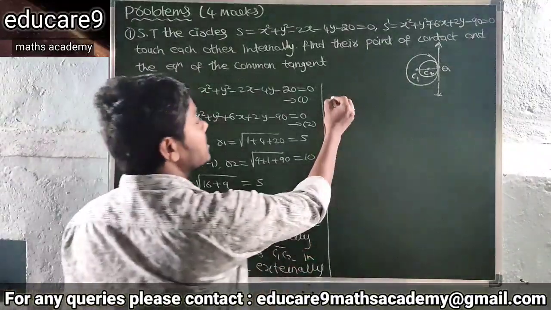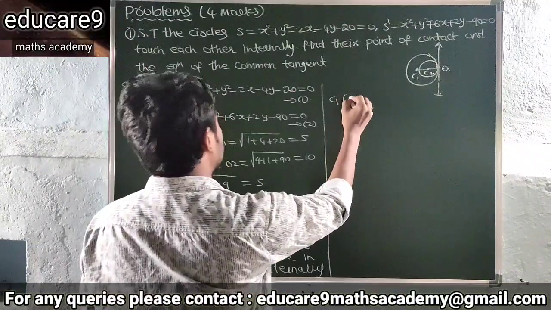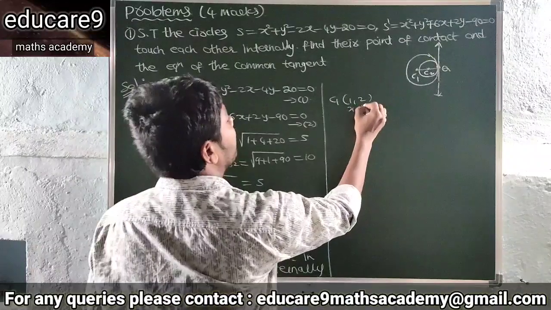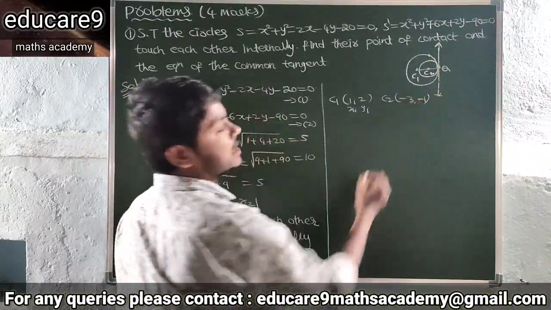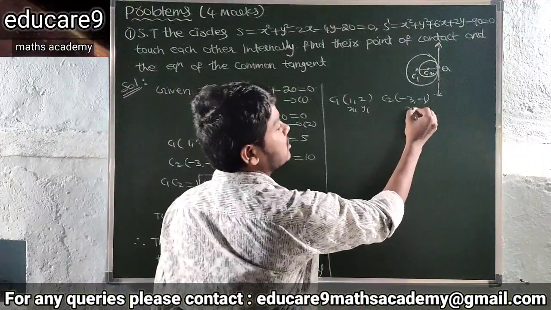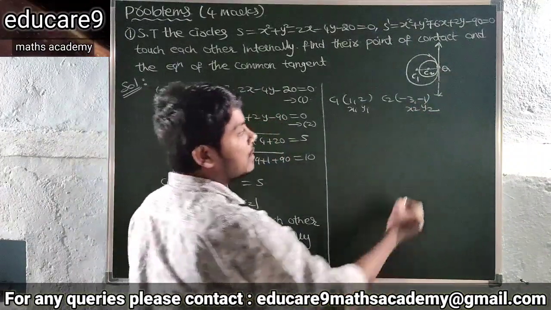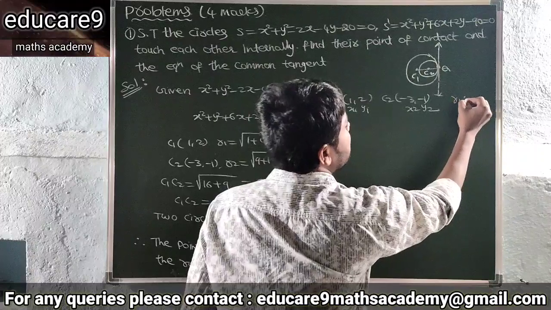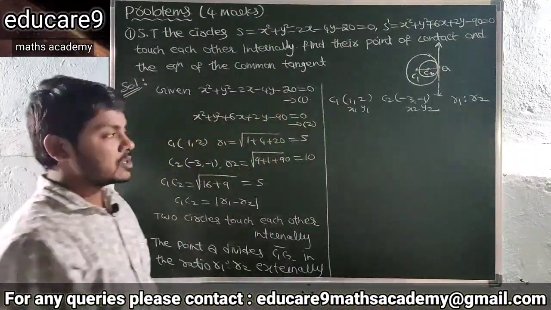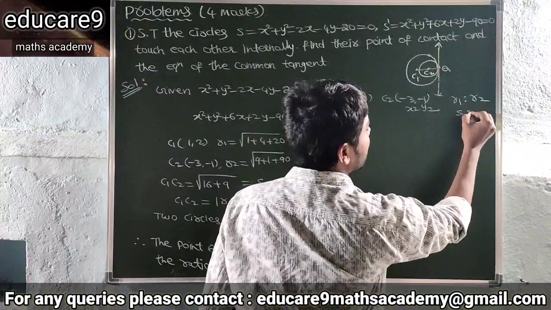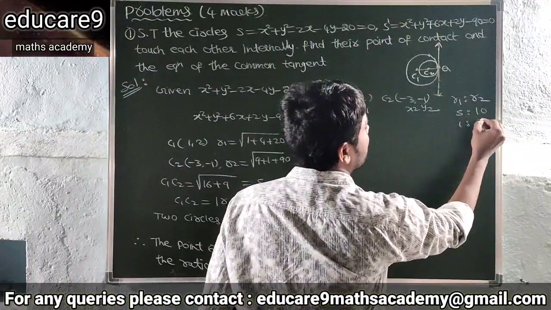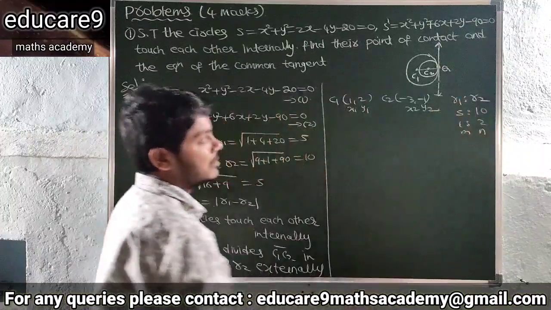See here clearly, C1 is what? 1, 2. This is x1, y1. And C2 is minus 3, minus 1. This is x2, y2. And R1 is to R2 is clearly 5 is to 10, so this is 1 is to 2. This is m and this is n.